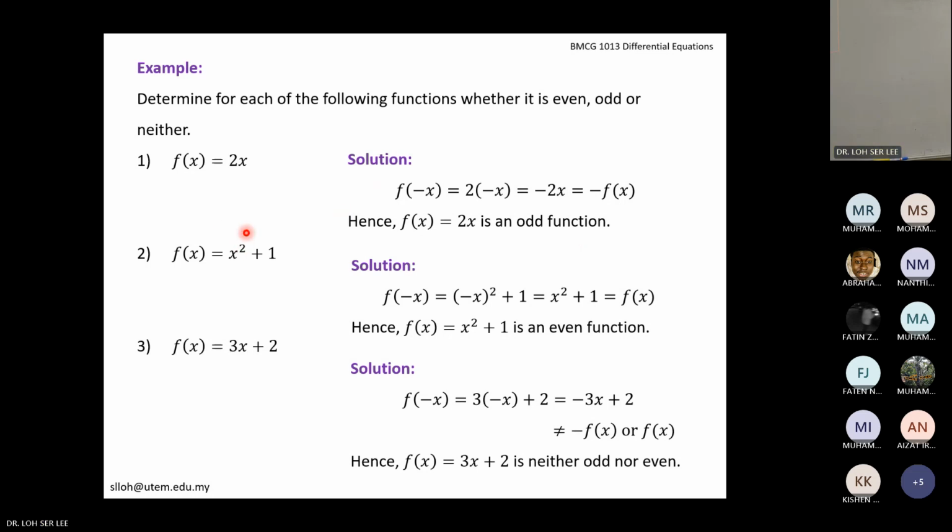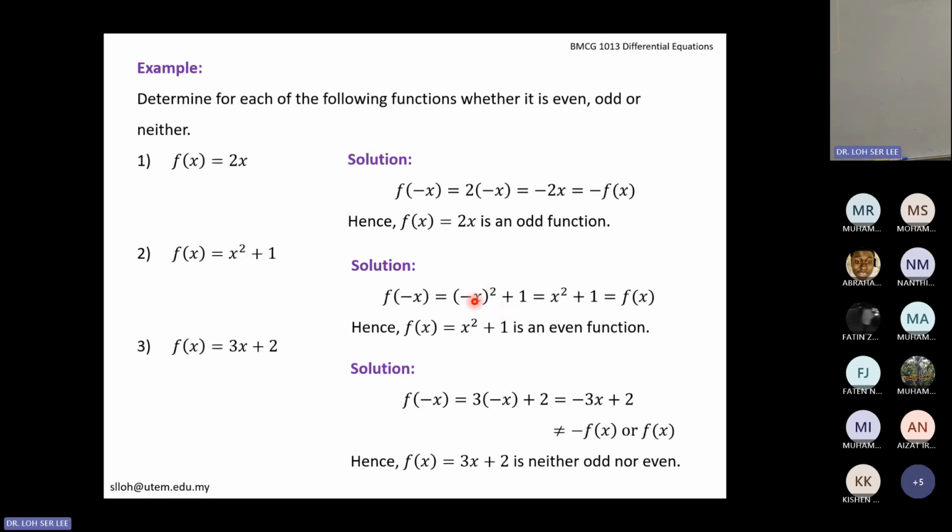Another example, this one. We want to check whether this is odd or even. So we let x be negative x, that means this x must also be negative x. So we change this x into negative x, that means negative x squared, negative x squared plus 1. Then you simplify.